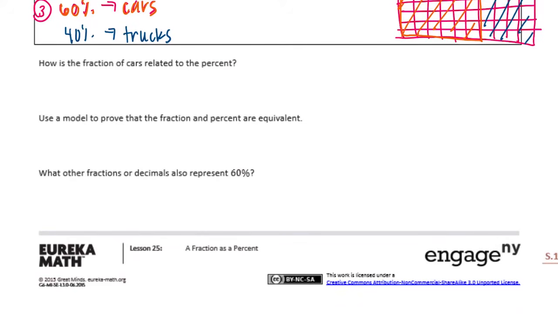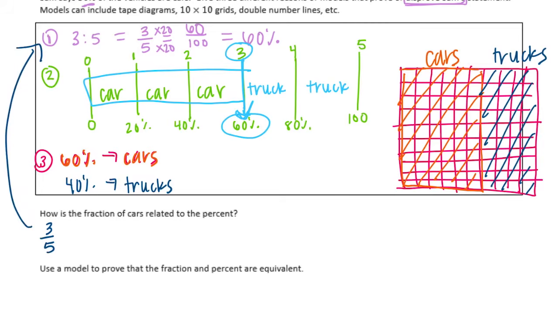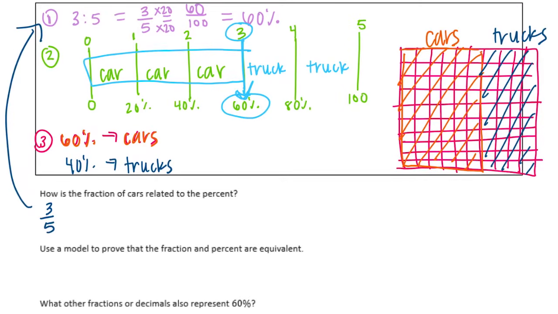How is the fraction of cars related to the percent? So we want to show how the fraction of cars, 3 out of 5, is related to the percent. So we took that, and up here, that was kind of what we did first there. We took that and we made it out of 100, because a percent is out of 100.